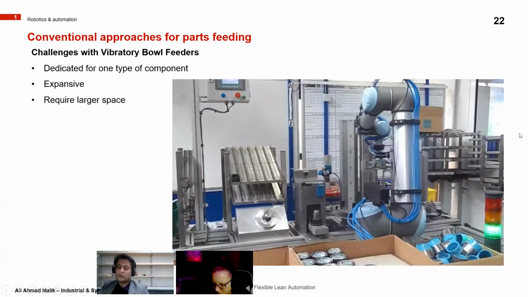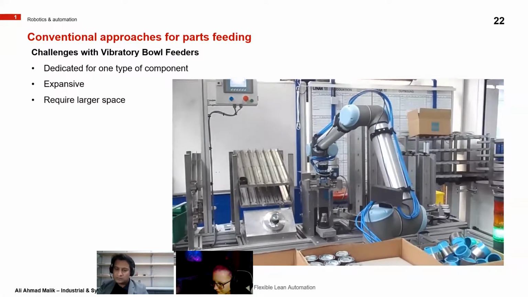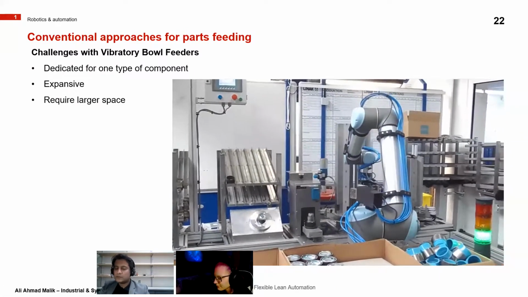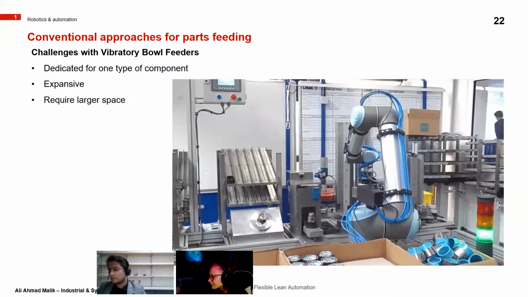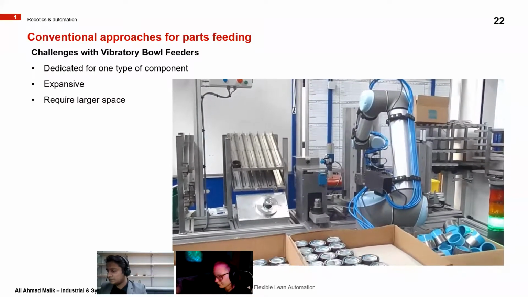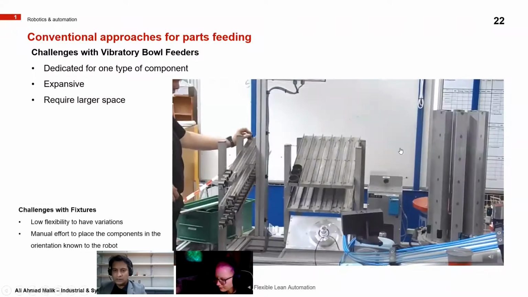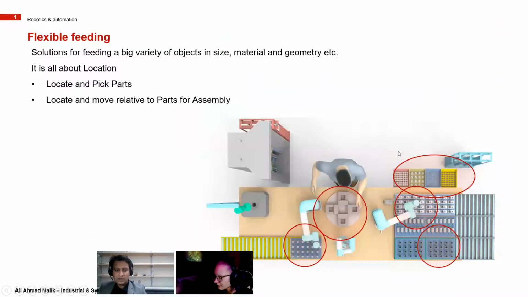So what are the new approaches or more innovative approaches to create a degree of flexibility in them? Flexible feeding is to integrate some type of cameras or vision systems that can detect the parts, know its orientation, know its position, and then communicate that information to the robot.